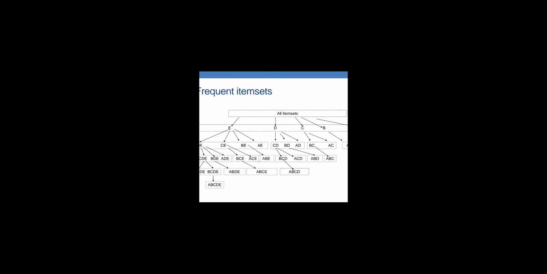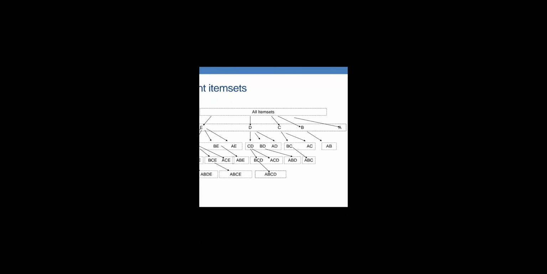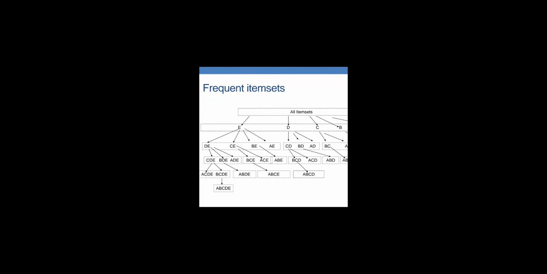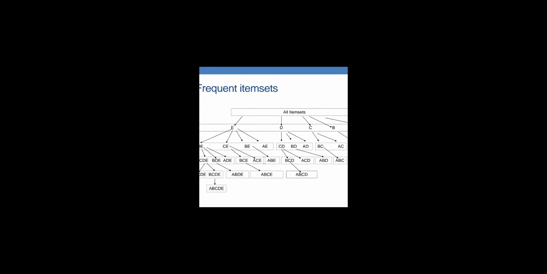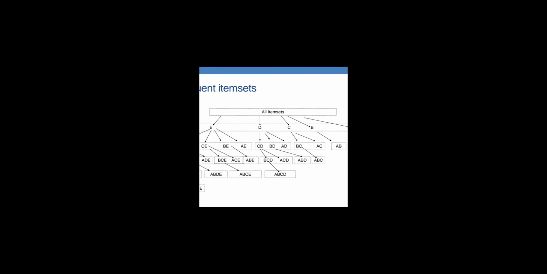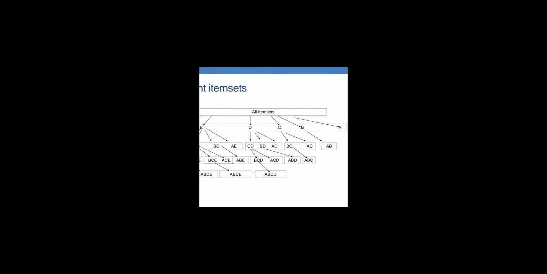See here. These are the frequent item sets. All the items you have to represent as EDCBA, and now you have to represent it starting with E. Whenever E is available, that is D, C, B, A, and D is represented as CD, BD, AD, and C you have to represent BC, AC, and B is represented as AB.